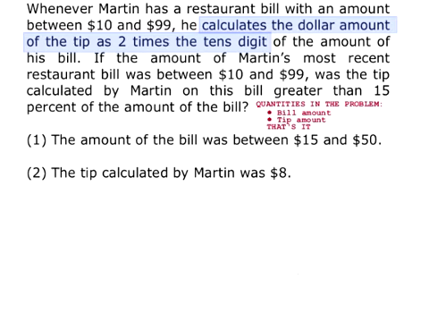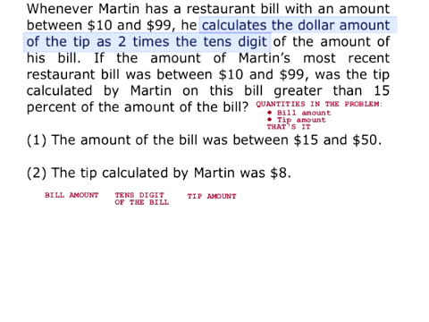So let's make a very primitive chart. Okay, so bill amount, and then let's just say the tip. I'm going to make columns for the tens digit of the bill, and then the tip amount.